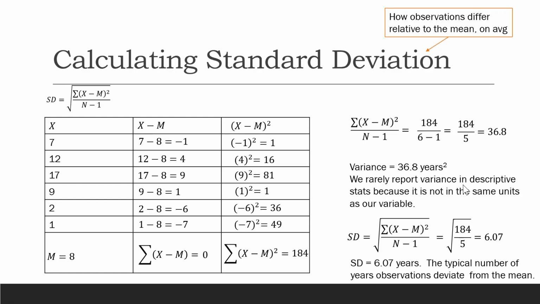That is going to be in years. And we can interpret this as the typical number of years observations deviate from the mean is 6.07 years. Or I can say on average, observations are about 6.07 years from that mean of 8. All right. So that is our standard deviation.